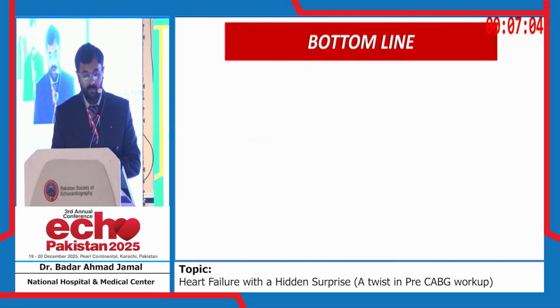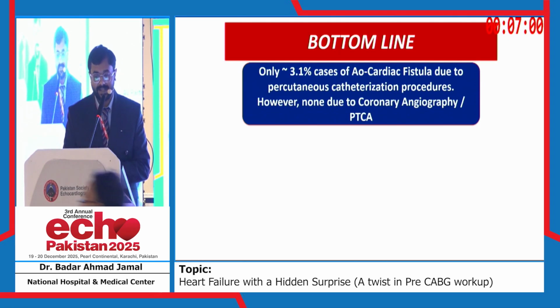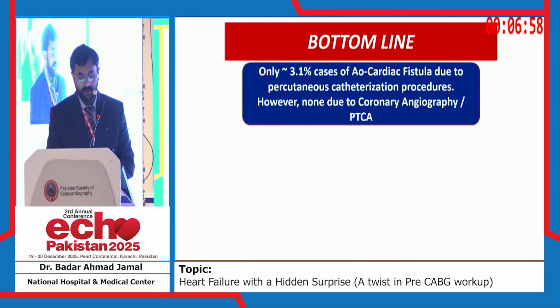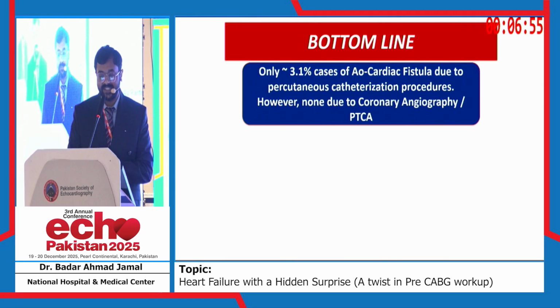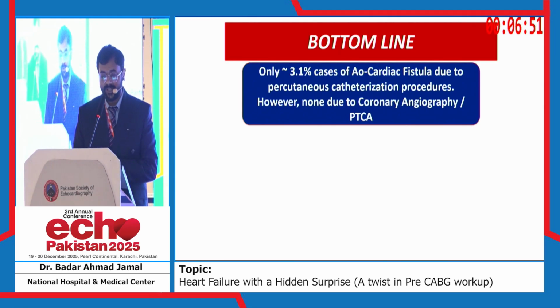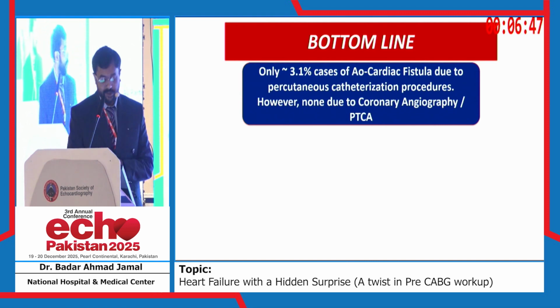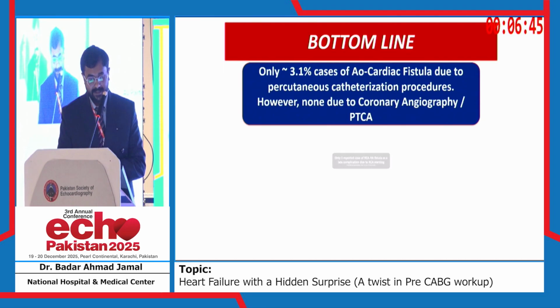So, what's our bottom line from our case as well as the relevant literature? Only 3.1% of cases of aortocardiac fistula took place due to percutaneous catheterization procedures. However, none of them was due to coronary angiography or PTCA.